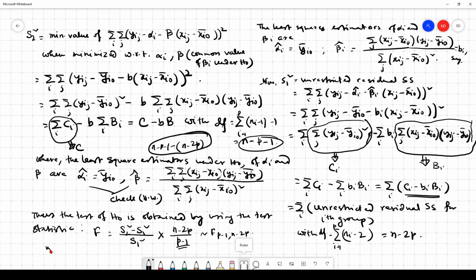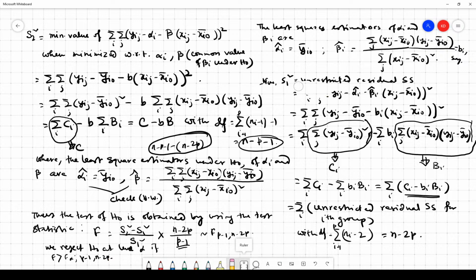We reject H naught at level alpha if F is greater than F alpha with p minus 1, n minus 2p.